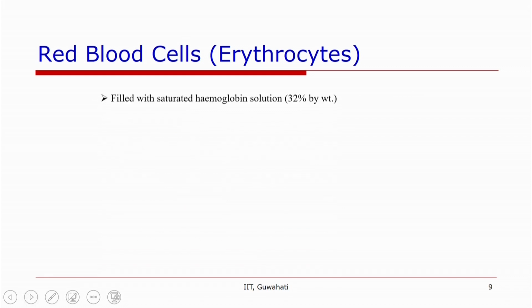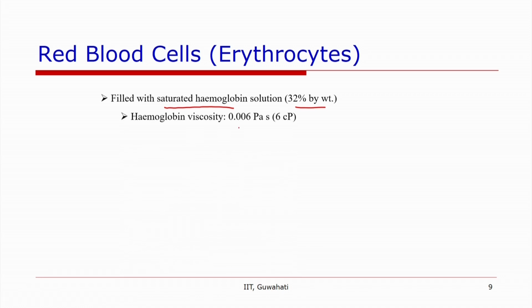Inside, the red blood cell is filled with a liquid solution, which is saturated hemoglobin solution, about 32% by weight, and the viscosity of this hemoglobin is about 6 centipoise.